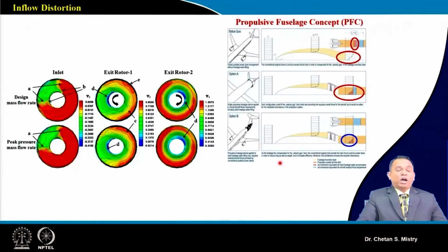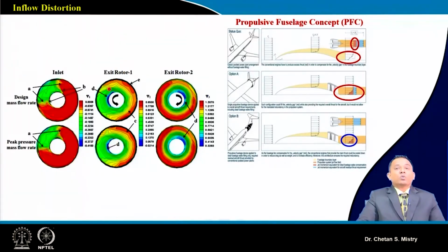Let's see what the challenges are here. This represents the presence of the distortion screen at the entry of my rotor 1. Now, when this flow strikes rotor 1, at the exit of rotor 1, my rotor 1 is rotating in the counterclockwise direction, and the effect of distortion also seems to be rotating in the direction of rotation of rotor 1, and here we can see the effect of the distortion at the exit of rotor 1.